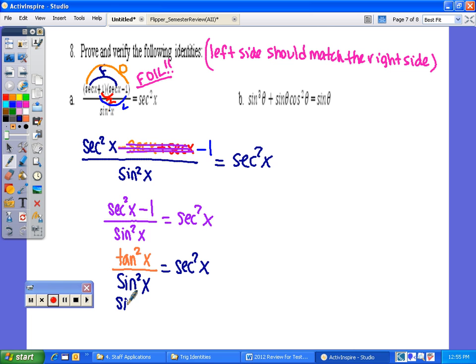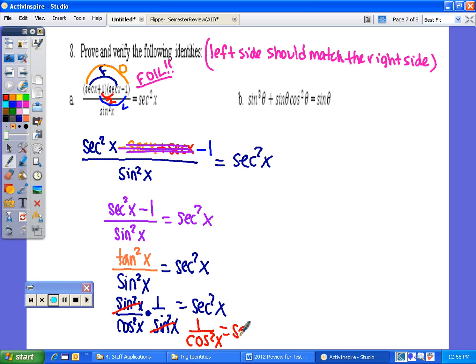So I'm going to have sine squared over cosine squared. Change this fraction bar to multiplication and change that to 1 over sine. Now if you look, we have 2 sines squared, so they can cancel out. And we're left with 1 over cosine squared.